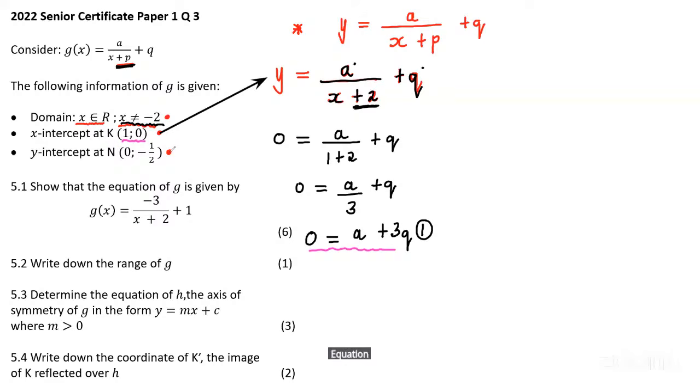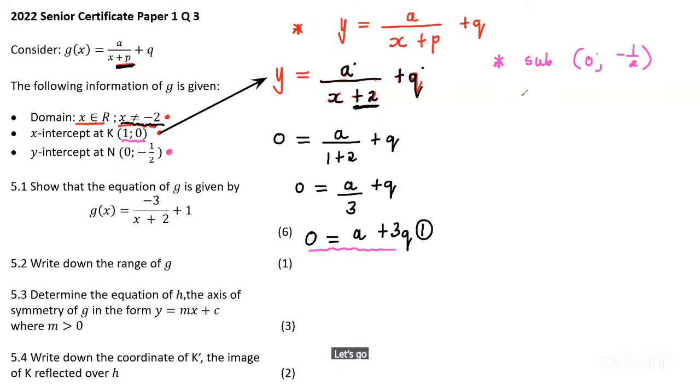Equation 2 would come as a result of substituting the y-intercept. So here's where we go. This time I'm going to say sub x is 0, y is negative half. Let's go.